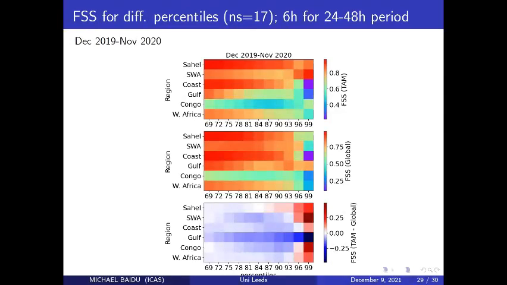If the rainfall is below that threshold, we assume it didn't rain. We do this evaluation for different percentiles, which you see here. When you increase the rainfall threshold, you are trying to only pick out extreme rainfall events. So we computed it uniquely for the global model and uniquely for the tropical Africa model.